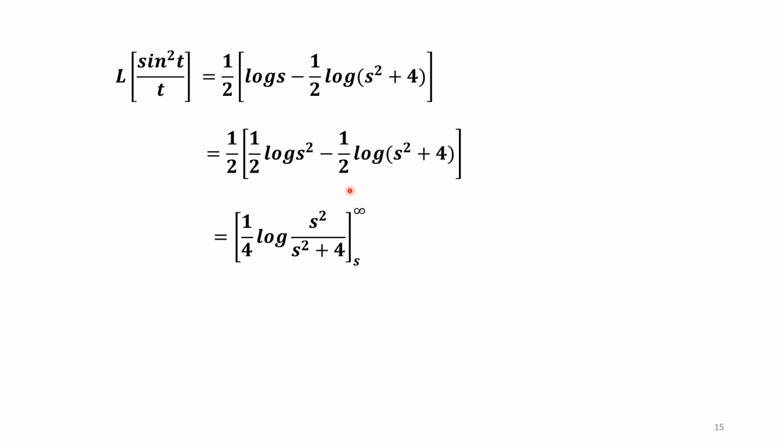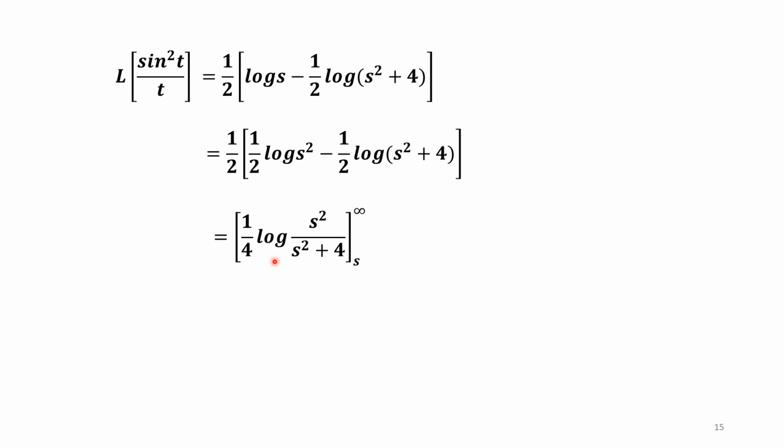Then combining, this is log of s square upon s square plus 4, log a minus log b, between the limits s and infinity. When we apply the limit as s equal to infinity, we will get infinity upon infinity, which is not defined.